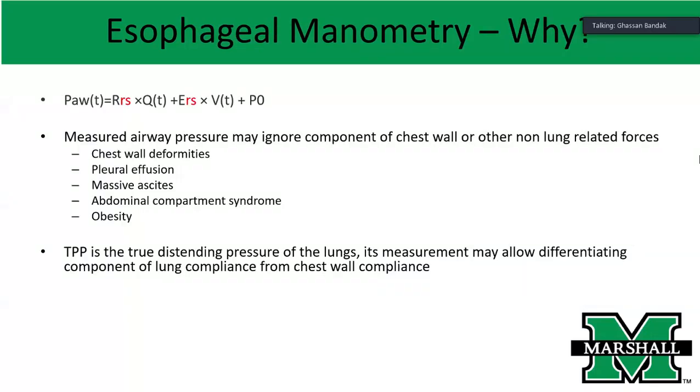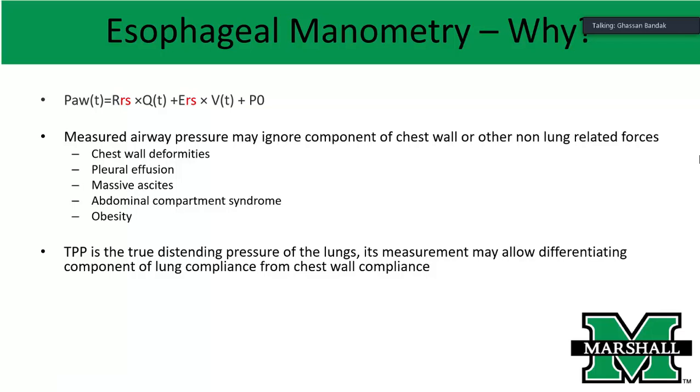Now, why use esophageal manometry? Remember, the equation of motion measures resistance, elastance and pressures, but the numbers the vent gives you are mostly for the respiratory system. And the respiratory system includes the lung, the chest wall and the muscles. There are different things you have to do to try and isolate the pure numbers affecting the lung itself.